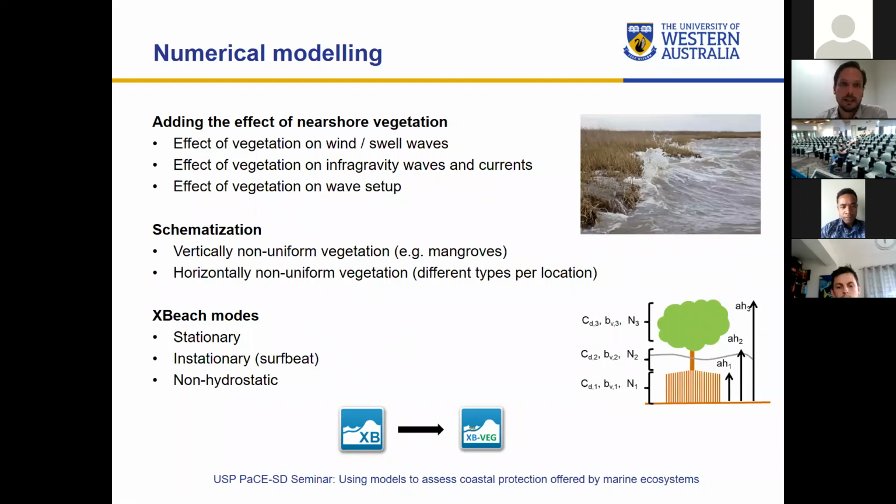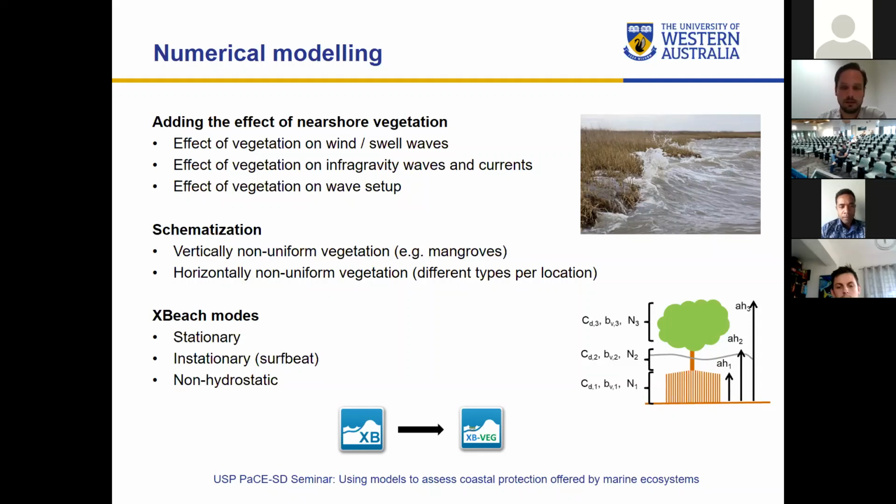So we got a little project where we worked on getting vegetation effects into XBeach, and we wanted to keep it generic, because we wanted to not just do mangroves, but be able to do seagrass or salt marsh or other types of vegetation as well. And essentially we worked on getting the effect of vegetation on wind or swell waves, but also infragravity waves and currents, and also the effect on the mean water levels, the effect on wave setup.